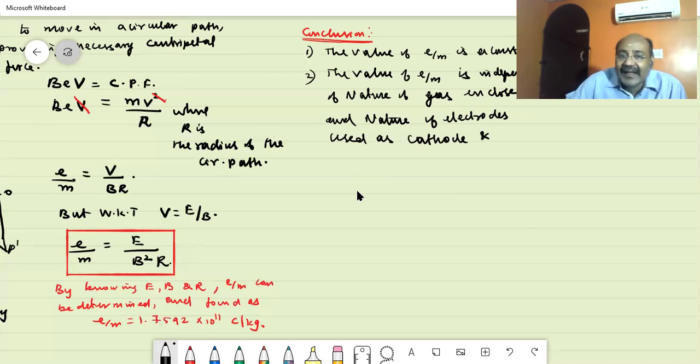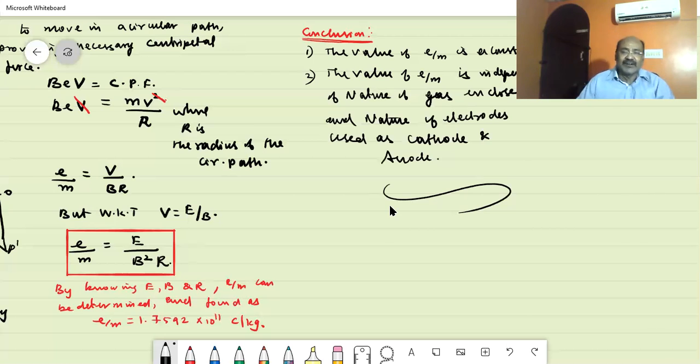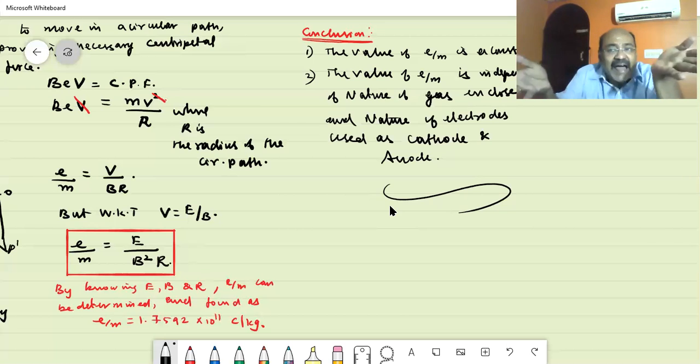This is what we call the conclusion, because the experiment was repeated with different gases enclosed inside the discharge tube, using different materials as cathodes and anodes.